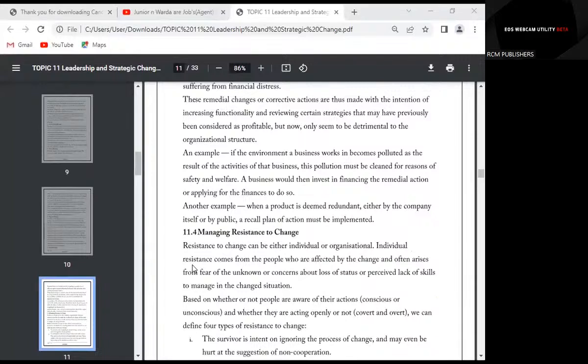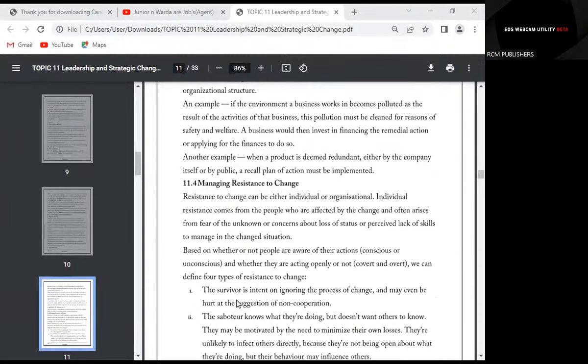Resistance to change can be either individual or organizational. Individual resistance comes from the people who are affected by the change and often arises from fear of the unknown, or concern about loss of status, or perceived lack of skills to manage in the change situation.